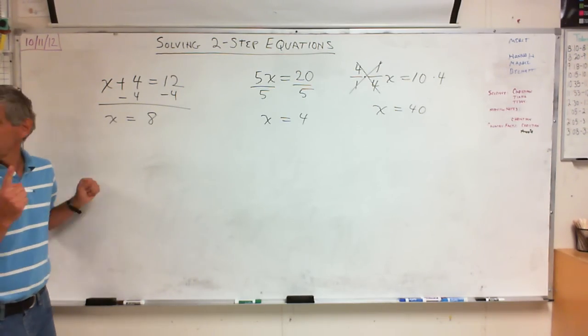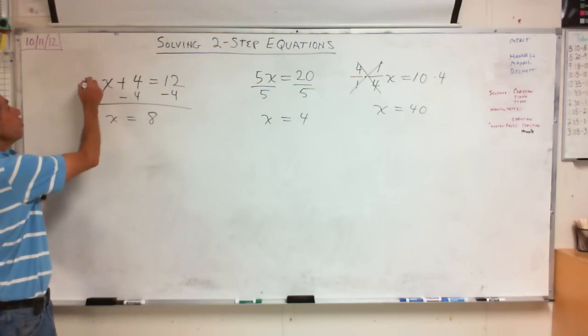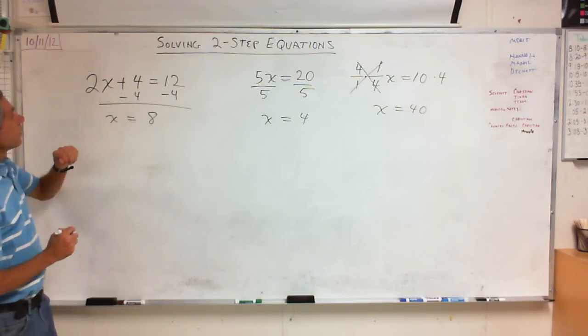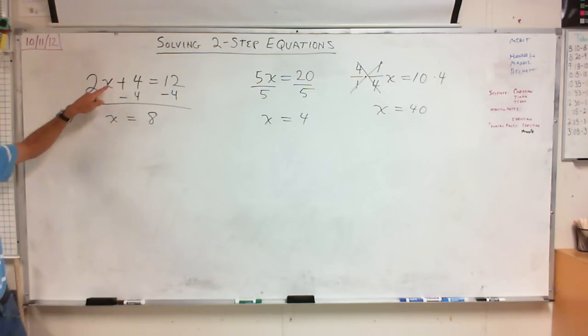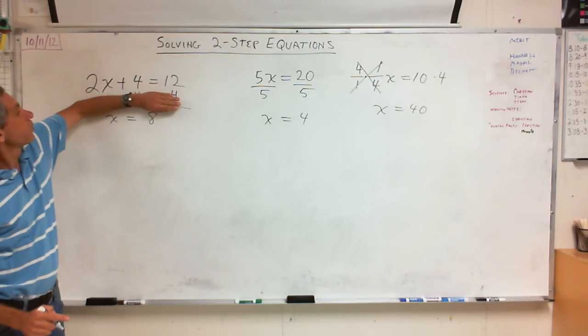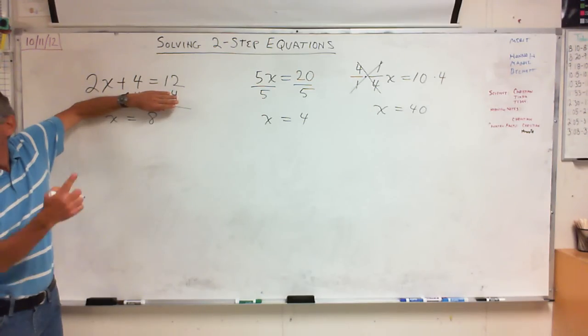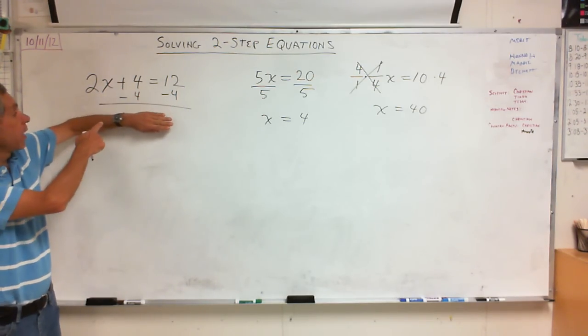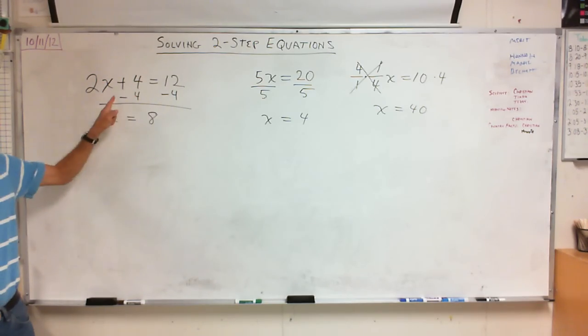Now watch this. What if I did this? I'm just going to make one change. I am going to put a 2 in front of the x. So if I had that now as my problem, 2x plus 4 equals 12, I would solve it the same way I was solving it, as though it just said x plus 4 equals 12. I would remove the 4 from both sides.